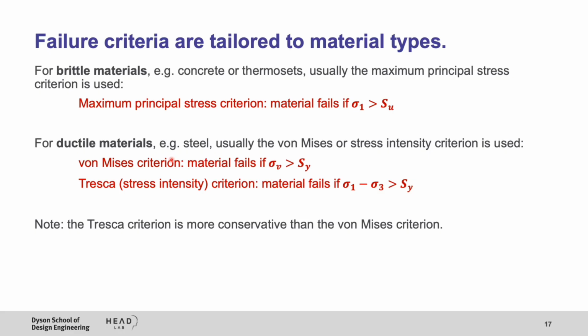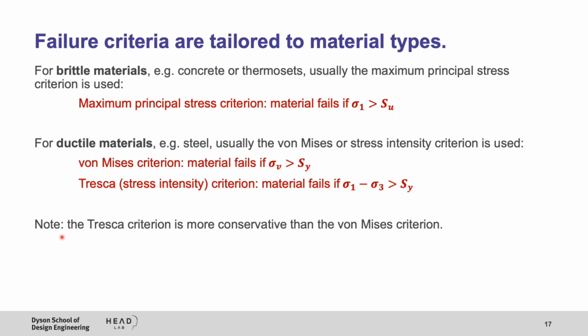For ductile materials like steel, we usually use the von Mises or stress intensity criterion. And these are the criteria. The von Mises criterion is when the von Mises stress is larger than the yield strength, and the stress intensity criterion, also called Tresca, is when the stress intensity is larger than the yield strength.